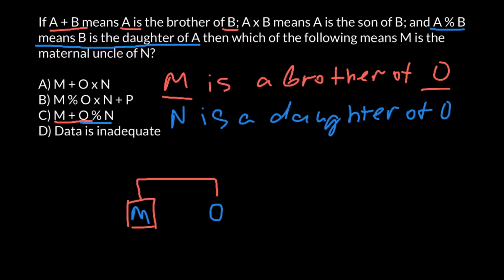Also we know that N is the daughter of O, but gender is not specified, so we use this symbol, which means that we don't know the gender. We use the same symbol for the spouse, because if we don't know the gender of this person, we also don't know the gender of the spouse.